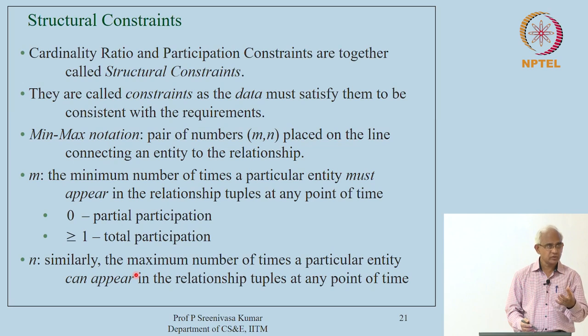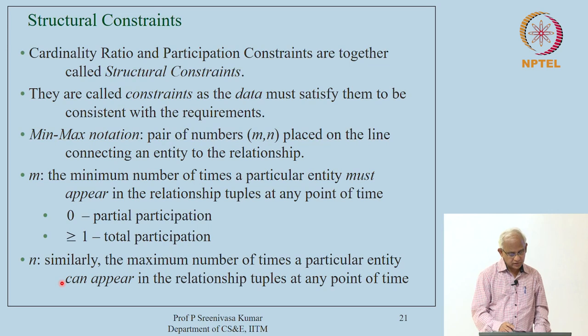Such information we can gather and convey using this max thing here. So, then you can put the number 4 there to say that this professor can appear in 4 of these association tuples with 4 different students.